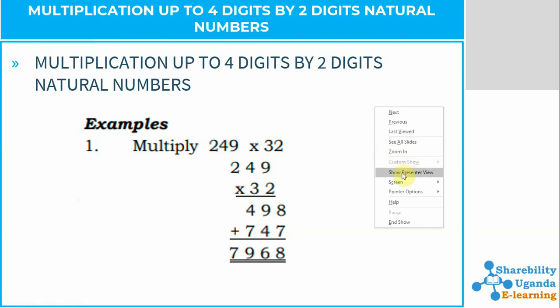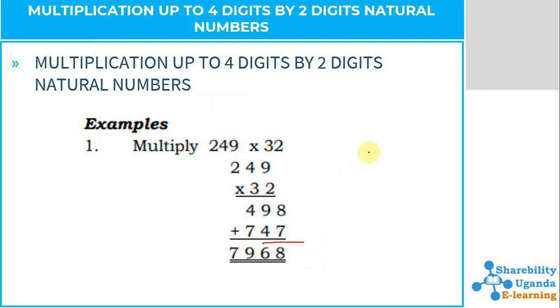Okay, so let me get a pen tool here. We start working out our example. Example one here says multiply 249 times 32.